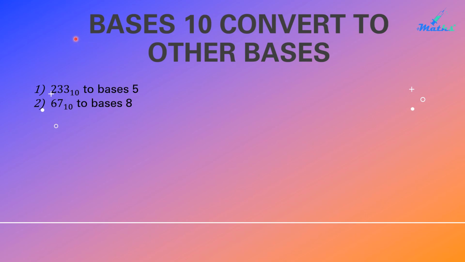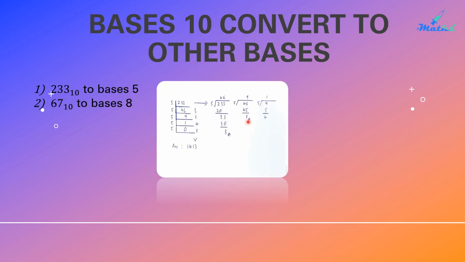Next is for base 10, I'd like to convert to another base. So here you have two examples. The first example is 233 base 10. You would like to convert to base 5. So here is the answer and the formula.